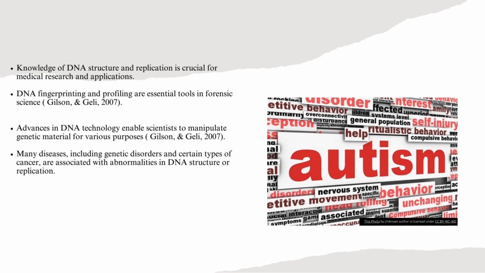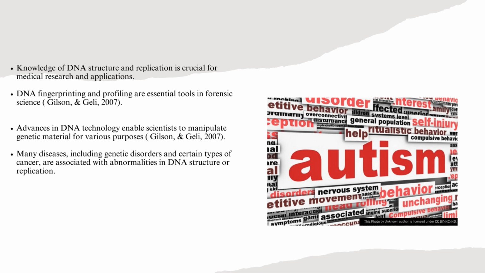Advances in DNA technology enable scientists to manipulate genetic material for various purposes. This includes the development of genetically modified organisms, gene therapy, and the production of pharmaceuticals using recombinant DNA technology.